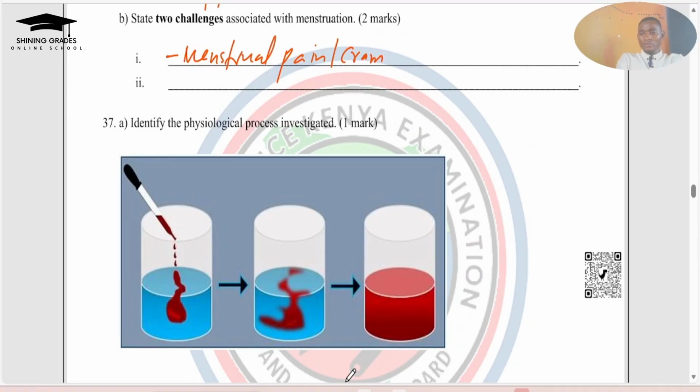We also have irritation and discomfort, embarrassment. And we also have mood swings, fatigue, infection risk, and so forth.